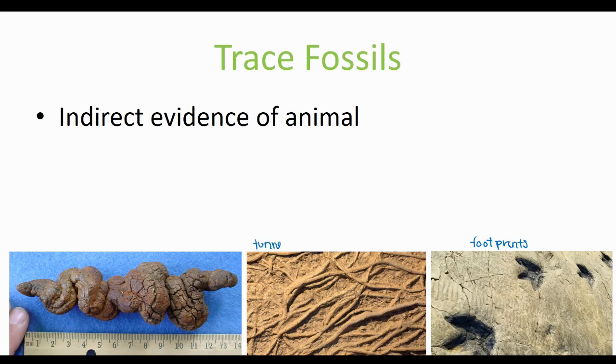So this is an example of a tunneling burrow, and in this case, we have a worm burrow. And also a trace fossil is going to be poop. And this is a coprolite, aka dino poop. So this is poop from a dinosaur.